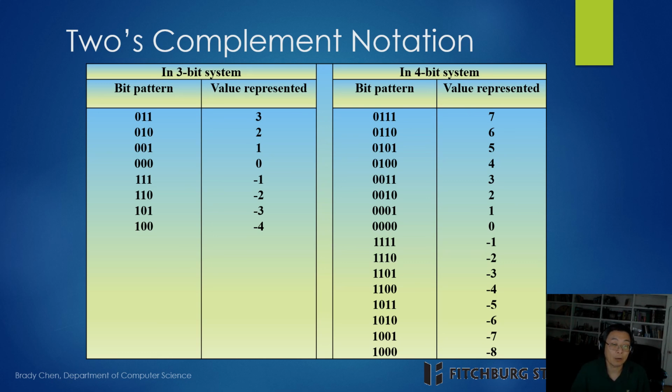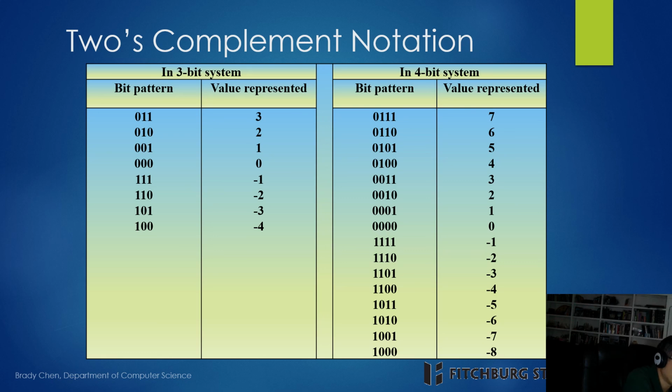Now let's take a look at the table on the left. Because the left provides the mapping for the 3-bit system, we only use 3 bits. Remember, in two's complement notation, the most significant bit is used to indicate the sign of the number.